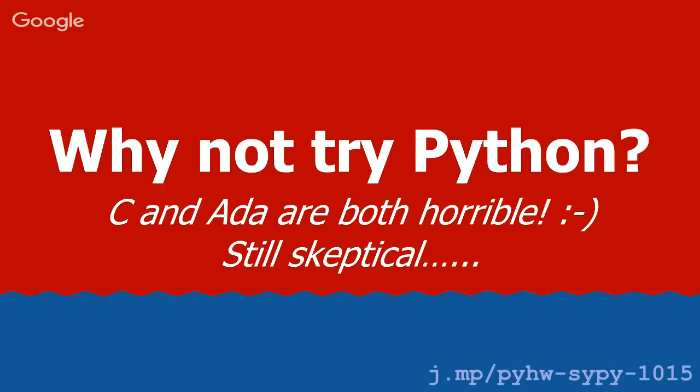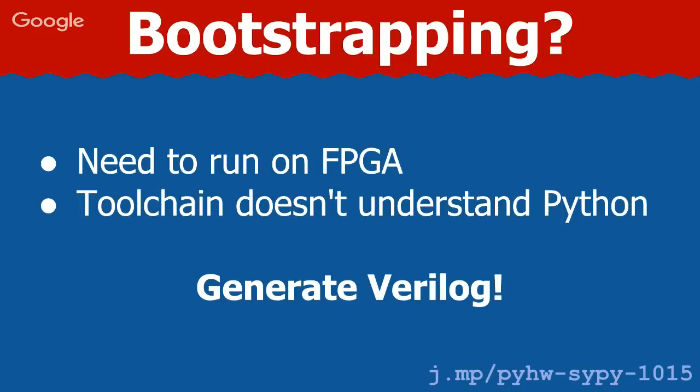But I'm skeptical, right? As I said, I'm a practical person. There needs to be a very good reason why I don't use the most popular thing, because I want to type into Google the error message I find and come up with help rather than no hits found. So the first question is, how do you run this Python on an FPGA?